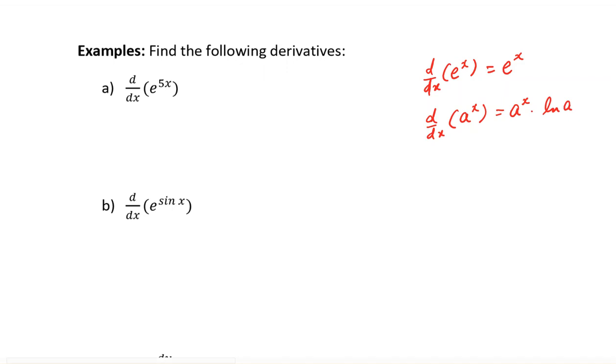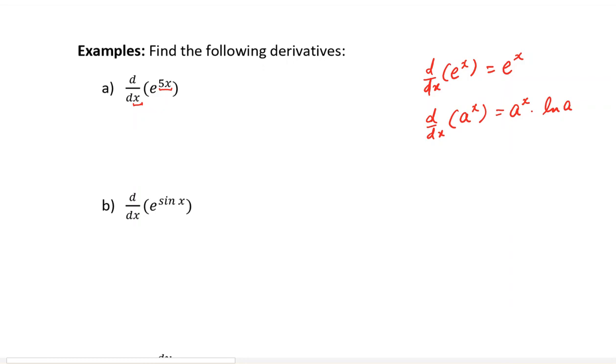Alright, so for the first problem, we need to find the derivative of e raised to power 5x. So first we notice that the power is different from x, so we need to apply the chain rule.